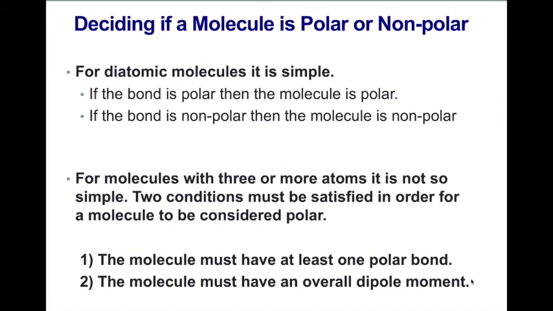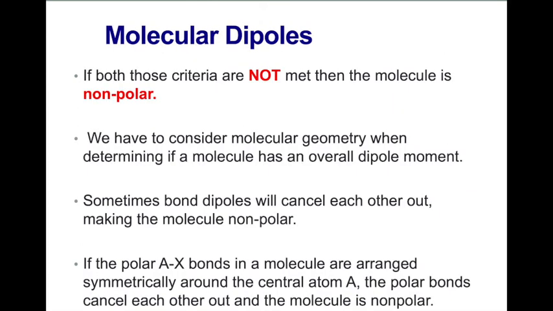So let's take a look further at this. For a molecular dipole, if we don't have both of those criteria I just mentioned, if they're not met, then we have a nonpolar molecule. So we do need to figure out the molecular geometry and consider it when we're looking at the overall dipole moment.